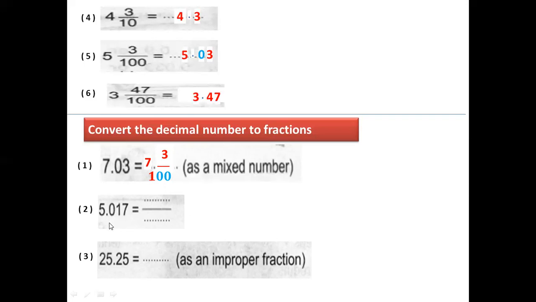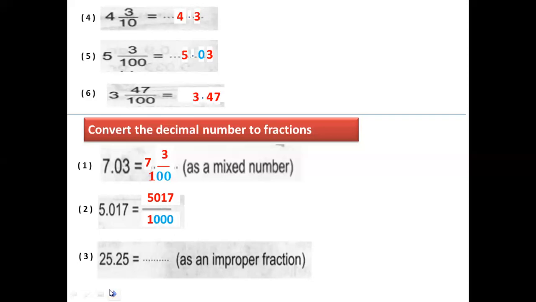So we have here this number without the decimal point, 5017. And the denominator equals what? It must be 10 or 100 or 1000 according to how many digits after the decimal point I have. We have here 3 digits, so the denominator equals 1000.